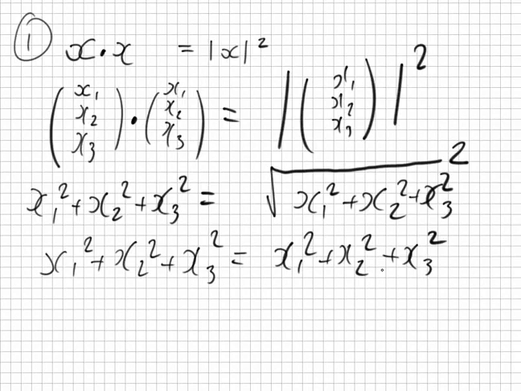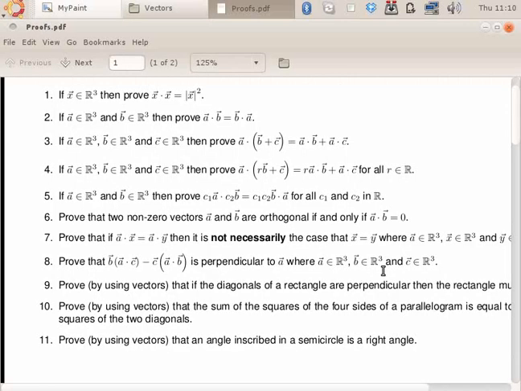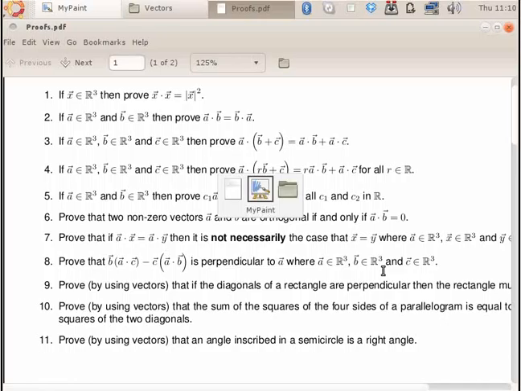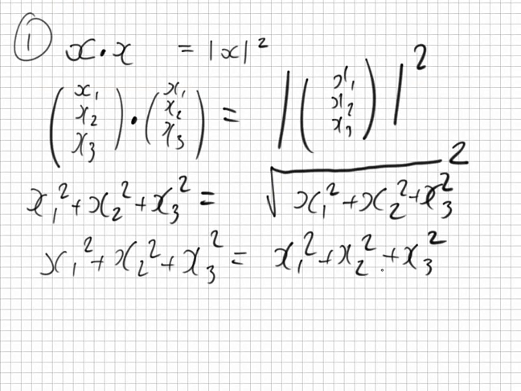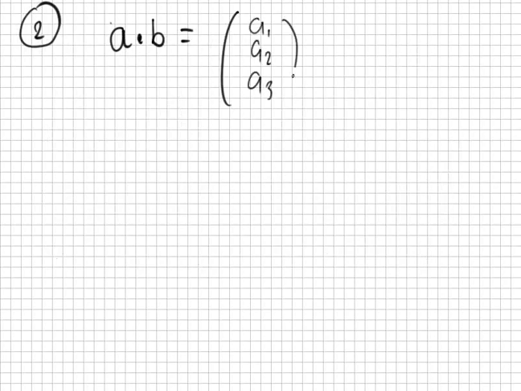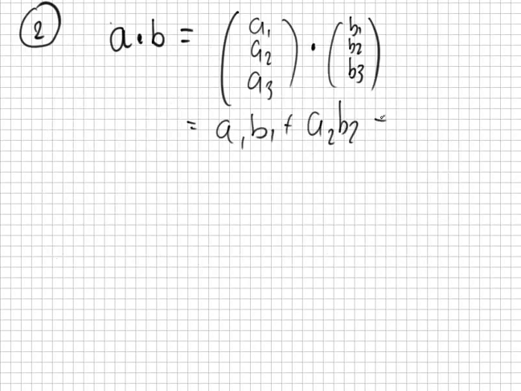Okay, next one here. So, prove that A dot B equals B dot A. So we can do that in a similar way. A dot B equals A1, A2, A3 dot B1, B2, B3, which would equal A1 B1 plus A2 B2 plus A3 B3.